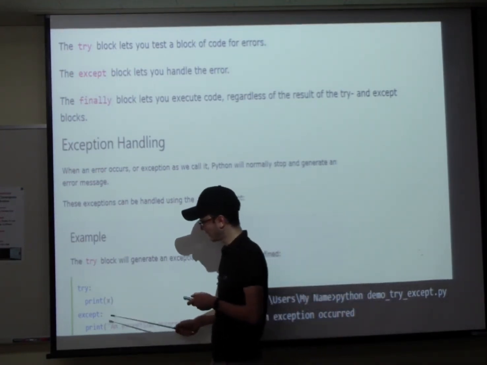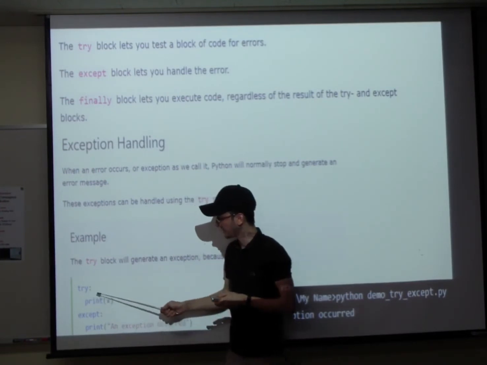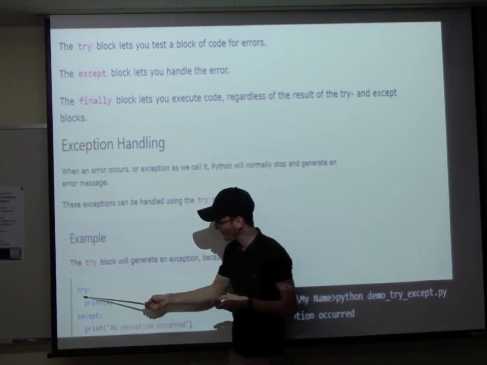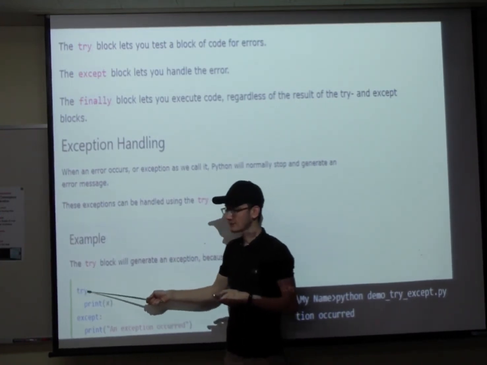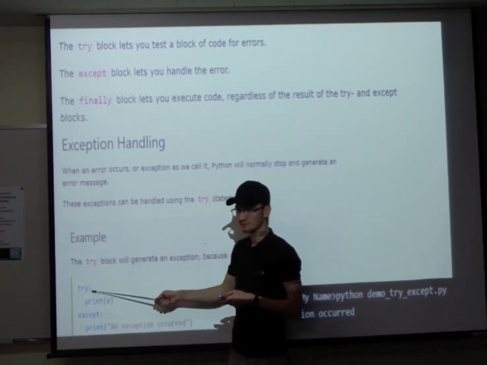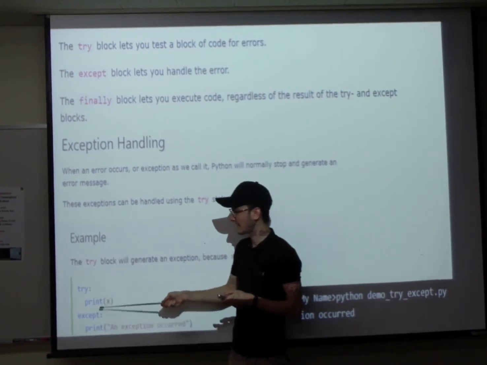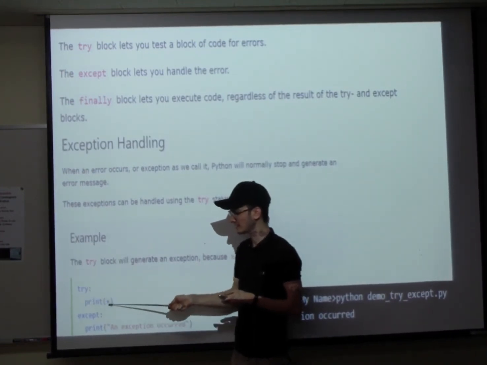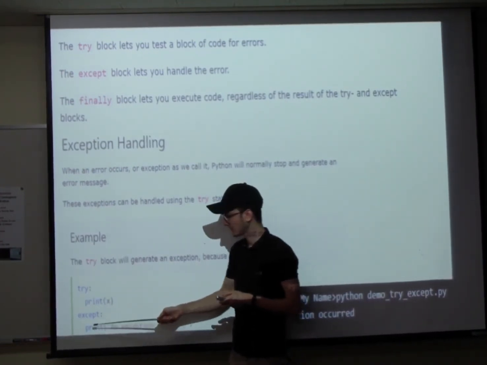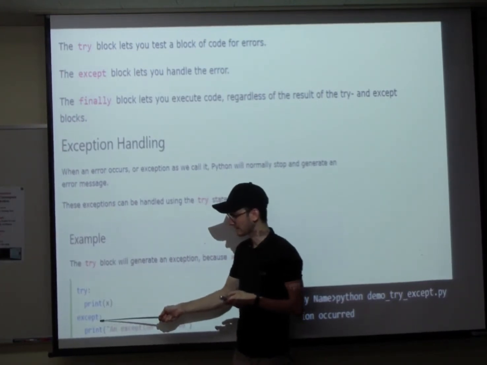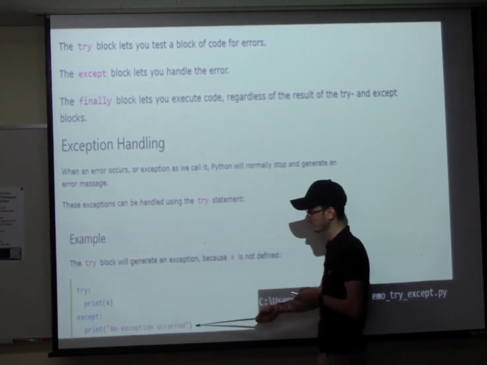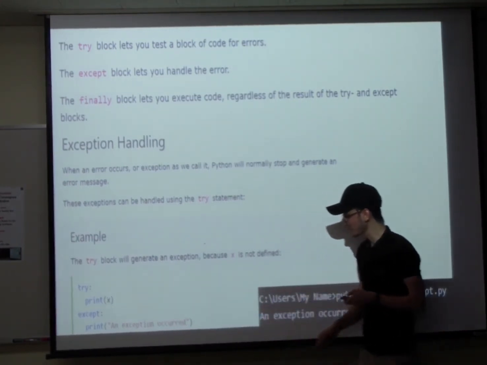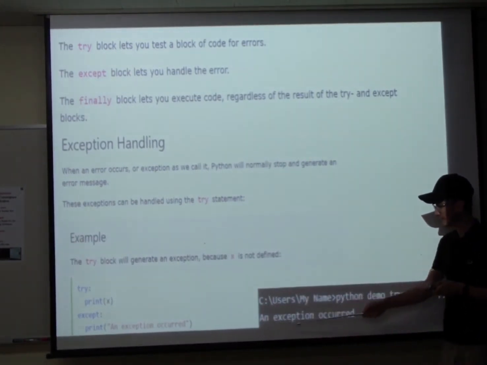If you look at the example, we wrote try, and after try you should put a colon. Inside, we are writing print x. Then we wrote except, colon, print an exception occurred. If you run this code, we will get: an exception occurred.